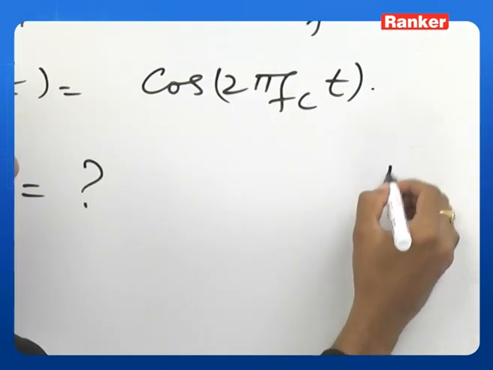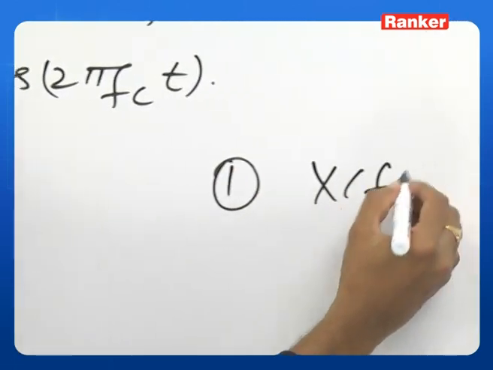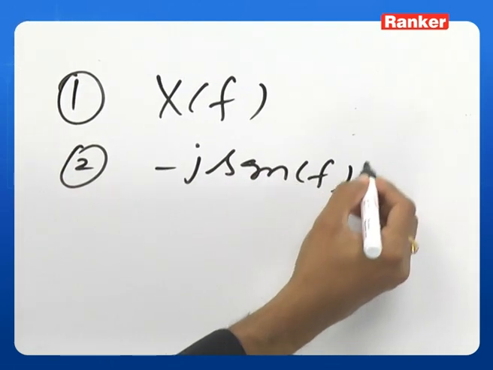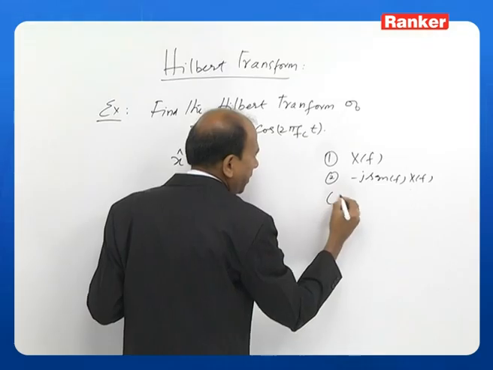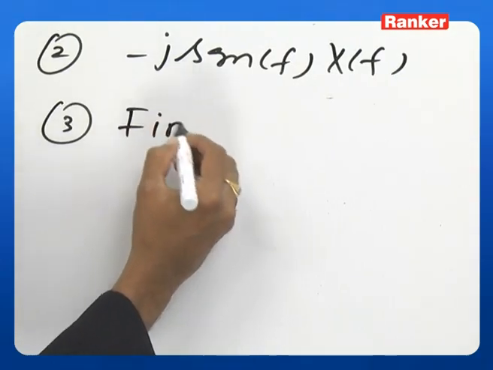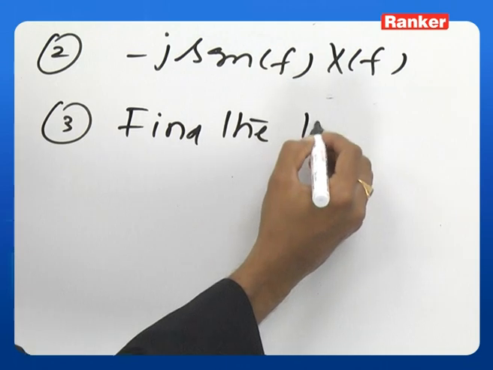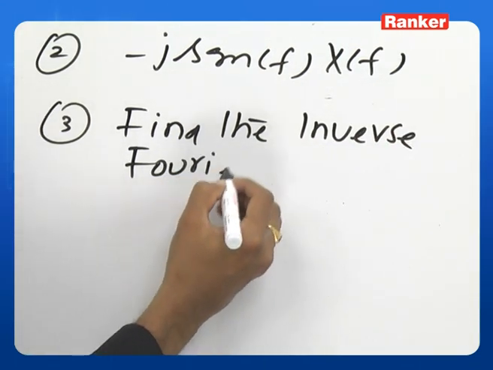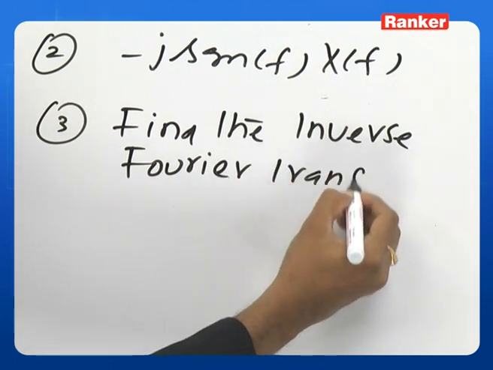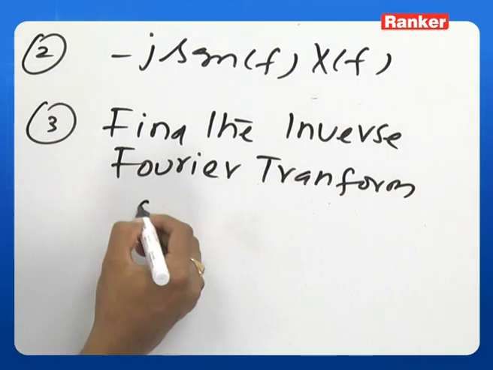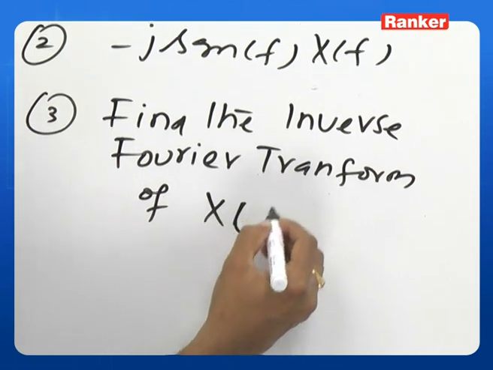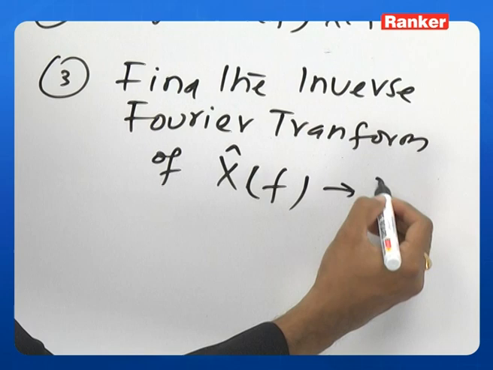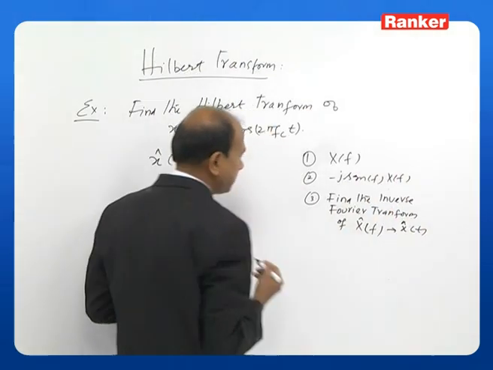to calculate, the first step is get x of f, then multiply x of f by minus j signum of f. Then the third step is find the inverse Fourier transform of x cap of f, which you will get, then you will get x cap of t.